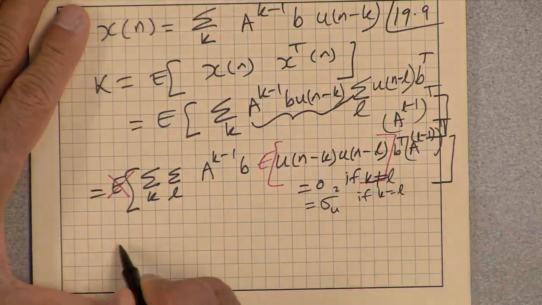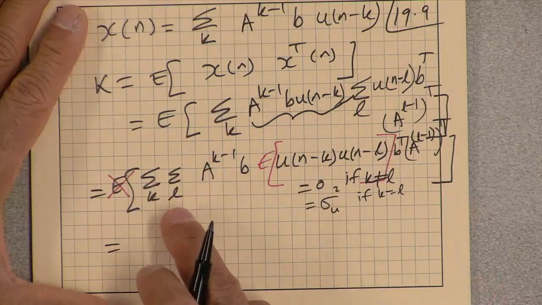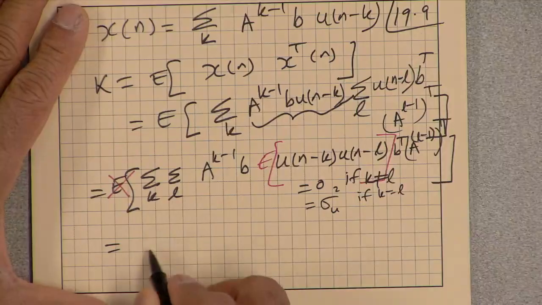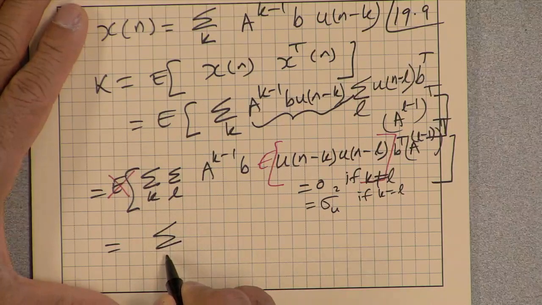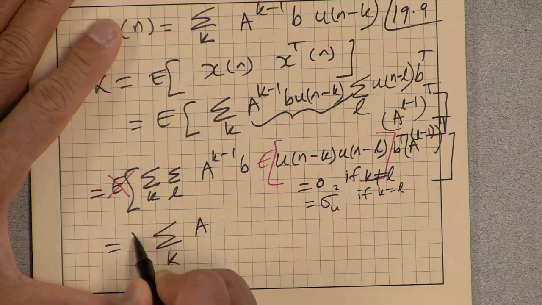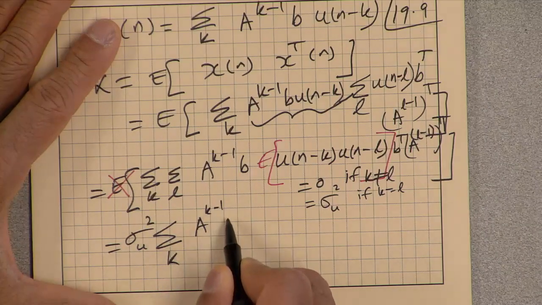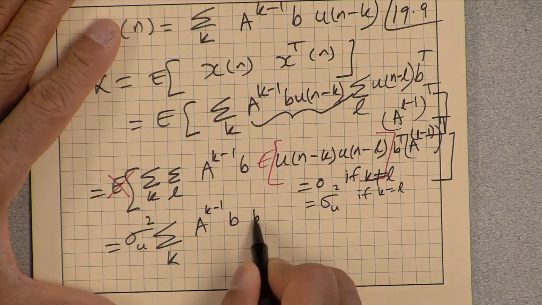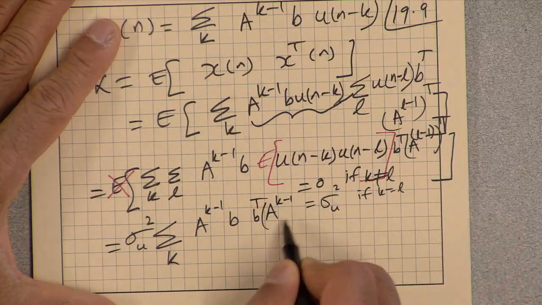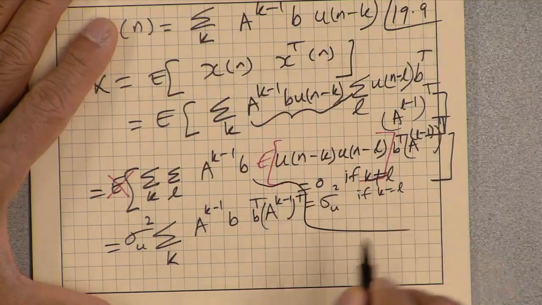So this whole double sum has a value that is non-zero only when k is equal to l. Therefore I can substitute only one summing index instead of both, with sigma_u squared taken outside the sum: A^{k-1} B B transpose (A^{k-1}) transpose, where k is the same as l. Okay, so that's the K matrix.